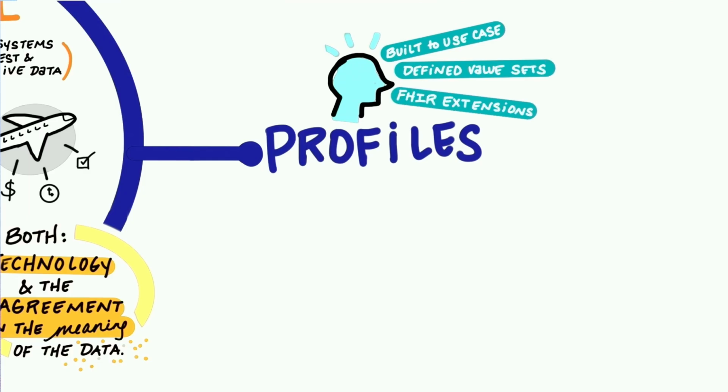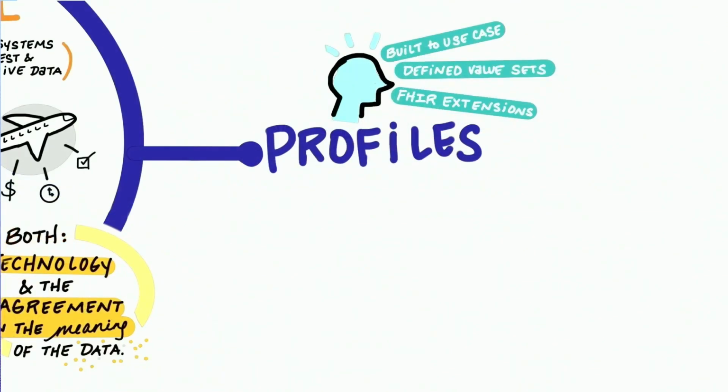They are the rules, the vocabulary bindings, the value sets that we need for that particular use case, and they include FHIR extensions, and I'm going to come back in a minute and explain what a FHIR extension is. But FHIR profiles are the rules for interoperability for a particular use case. They are what we create from FHIR.